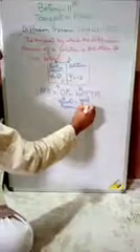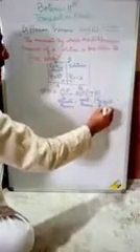This is osmotic pressure, and this is wall pressure, and this is turgid pressure.